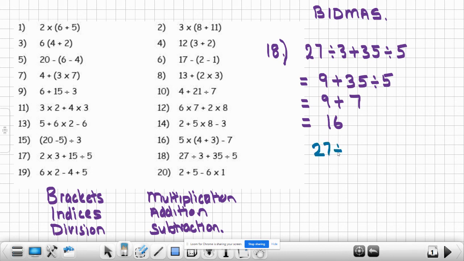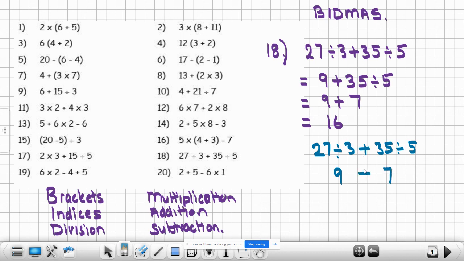So we had 27 divided by 3 plus 35 divided by 5. So I could have done both my divisions at once. 27 divided by 3 is 9. 35 divided by 5 is 7.